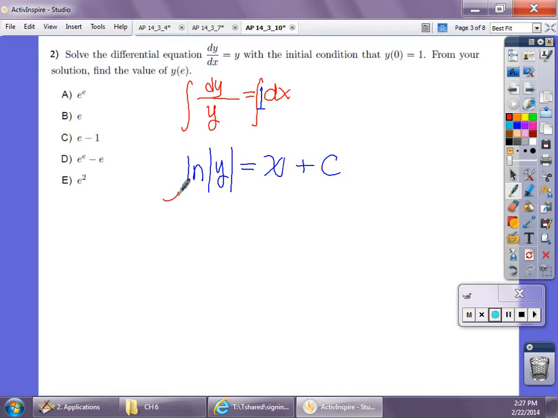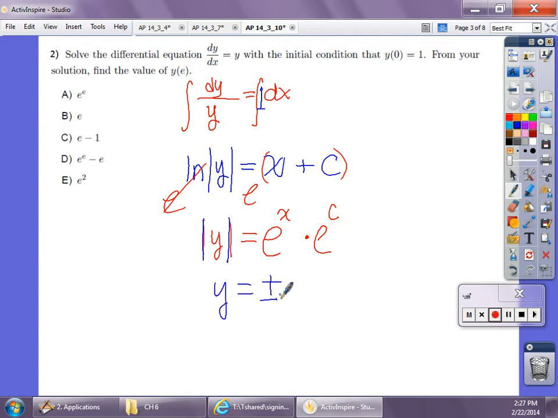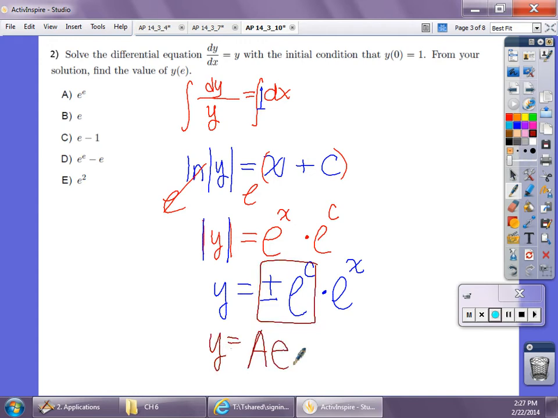So, if I want to eliminate the ln, I'm going to need this guy. And remember, I'm going to skip a step right here. I'm going to write it as e to the x times e to the c. To eliminate the absolute value, I would need a plus or minus, and then I'm going to move the e to the c in front, e to the x in the back. And then I'm just going to replace this piece, the constant, with an a, e to the x.